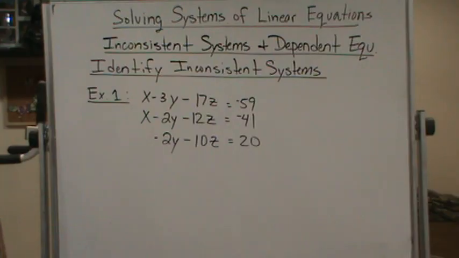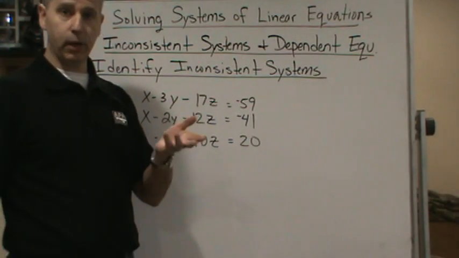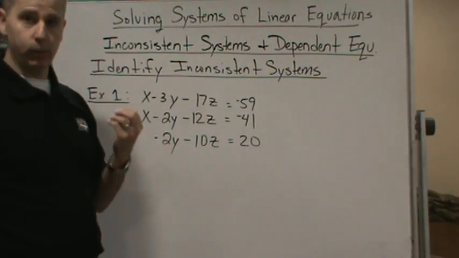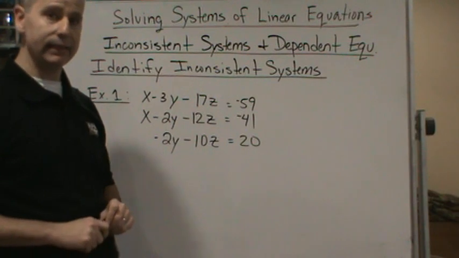That is one where we end up with a contradiction, a false statement, letting us know that these lines or these planes do not intersect. And remember, parallel lines or parallel planes would be what we're looking at graphically when we look at inconsistent systems.